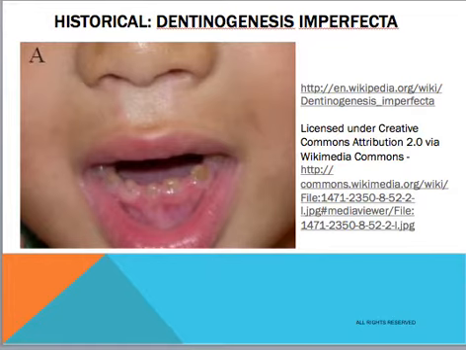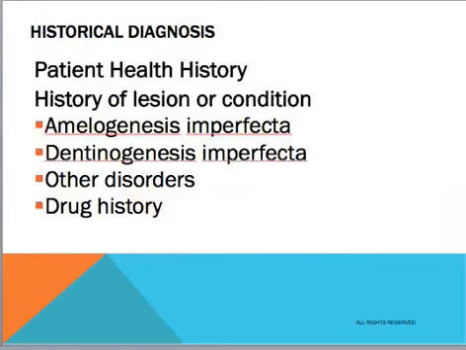Both of these are genetic conditions that affect all of the teeth that the patient has, both primary and permanent. Historical diagnosis relies significantly on the patient health history as well as the history of the lesion or condition, as I've mentioned. There are a number of other disorders that can be included in historical diagnosis, such as drug history.